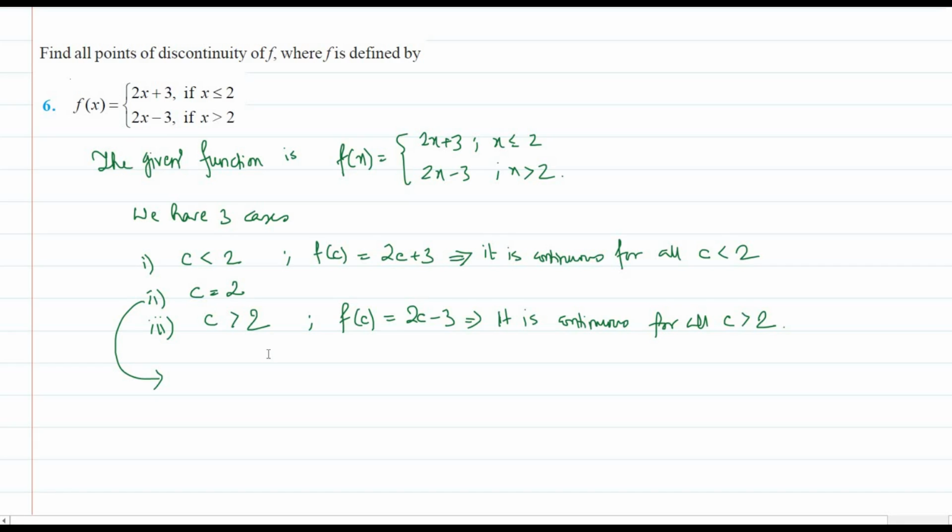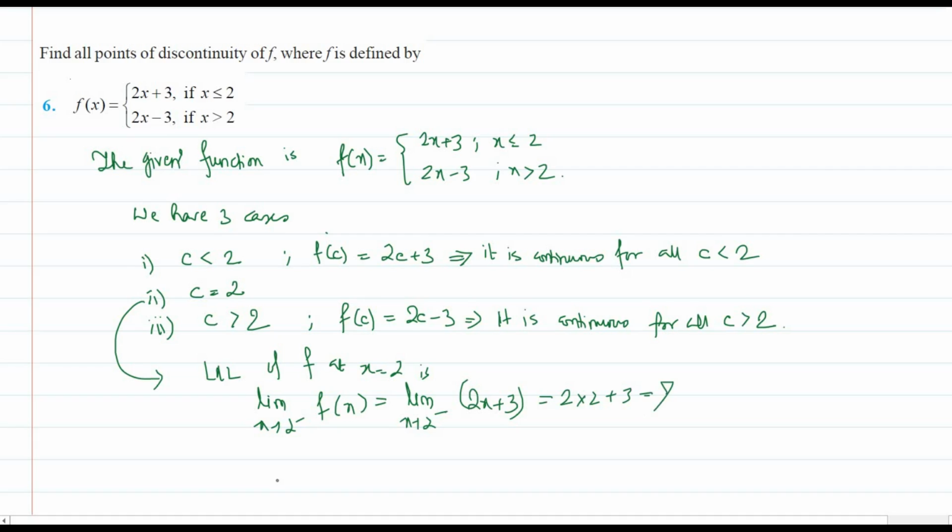For c equal to 2, the LHL or the left hand limit of f at x equal to 2 is the limit of x tends to 2 minus of f of x. Since before 2 the definition is 2x plus 3, that is equal to 2 into 2 plus 3, equal to 7.